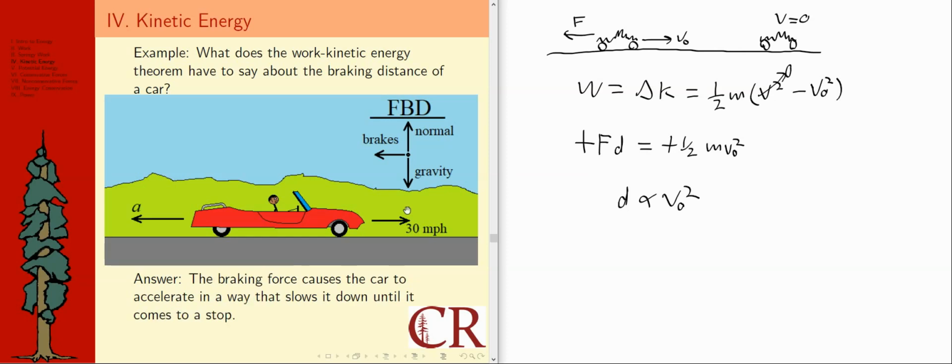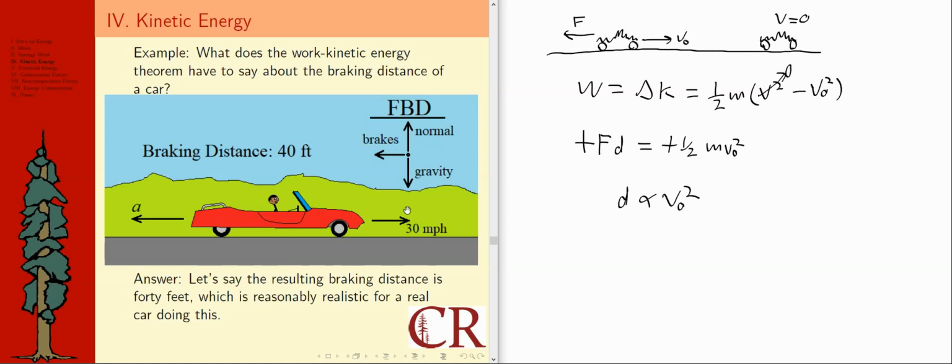The braking force causes the car to accelerate in a way that slows it down until it comes to a stop. In this slide, it's claiming that would be about 40 feet. I calculated that based on reasonably realistic assumptions. In other words, that's within the realm of believability for a real car that at 30 miles per hour, if it slams on the brakes reasonably hard, it could have a braking distance of 40 feet.